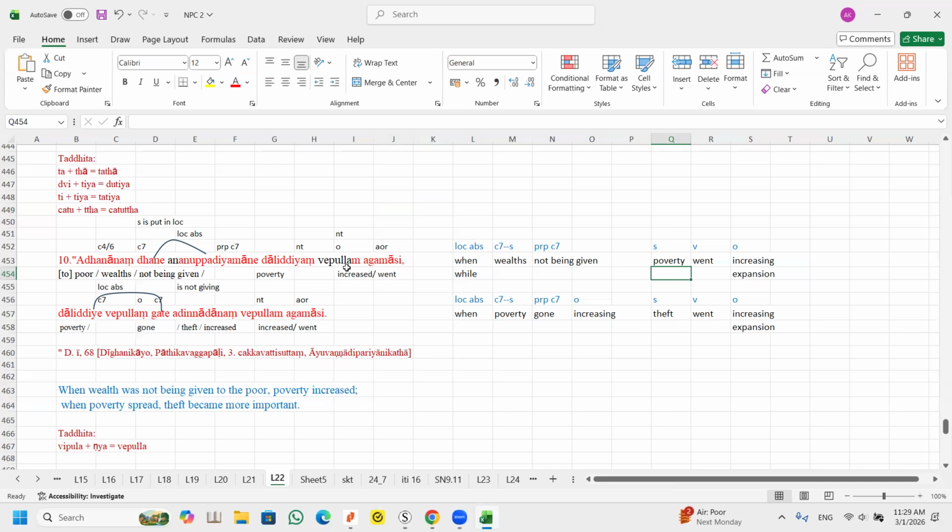In this case, this is the object. So when you do this translation, you don't say poverty when increasing. You say poverty increase. Because this is the verb and this is the object, when you want to combine it, you change it to here.